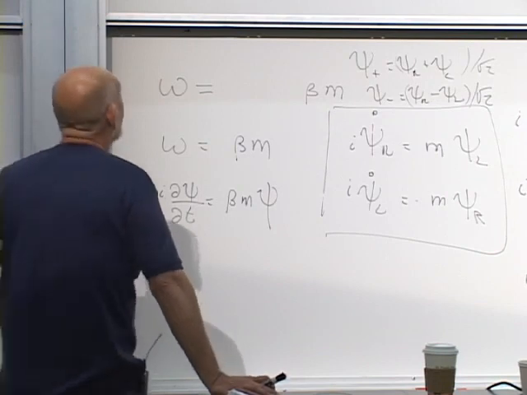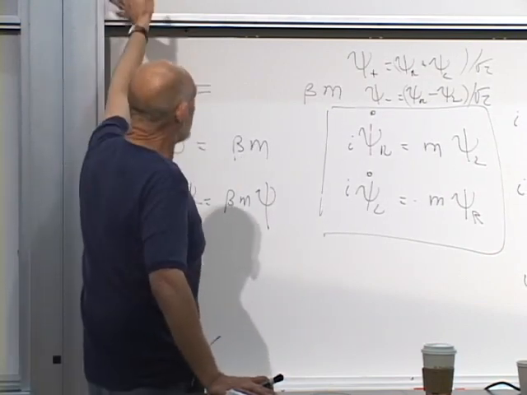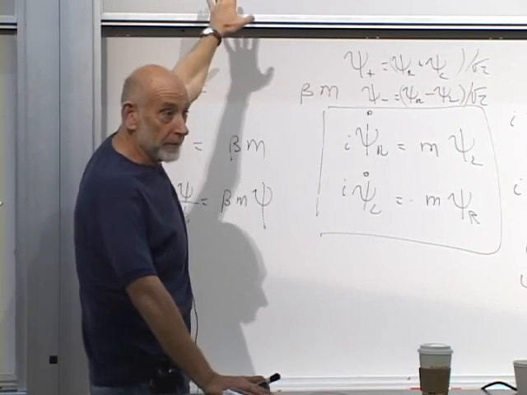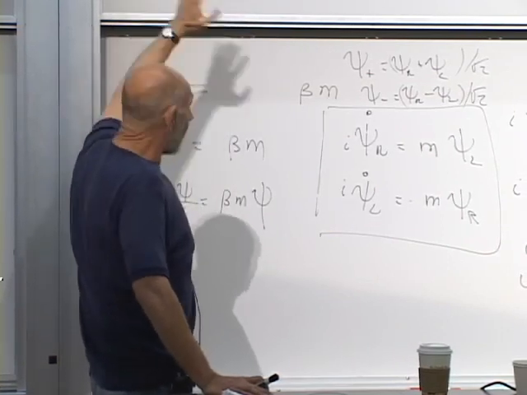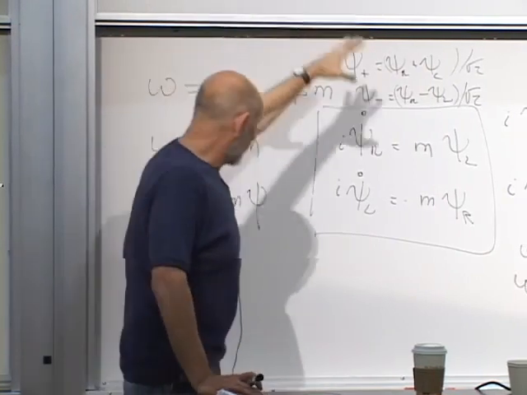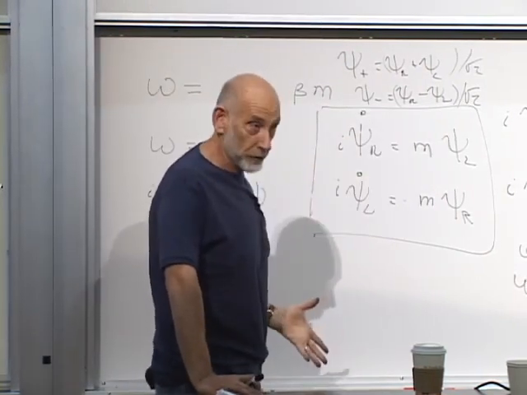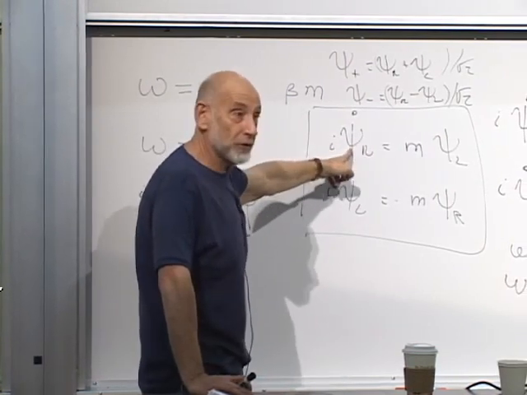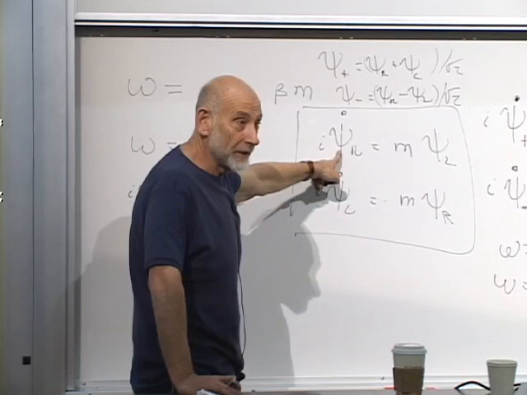Oh, I know what you mean. You mean, supposing we wrote down the equation for a non-zero momentum and solved it, then could you get to the equation with zero momentum by Lorentz transformation? Yes, but I would have to tell you how Lorentz transformations act on psi, which I haven't done.